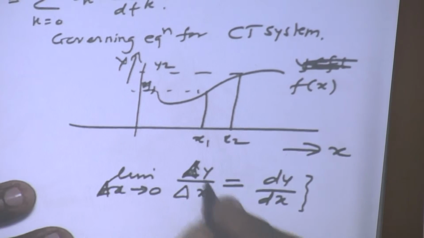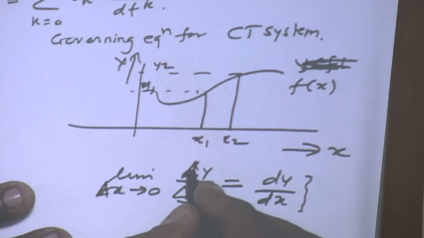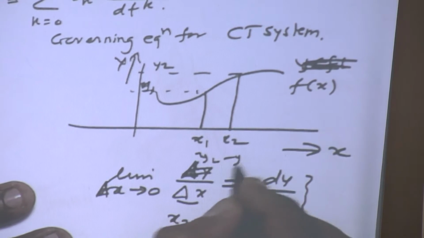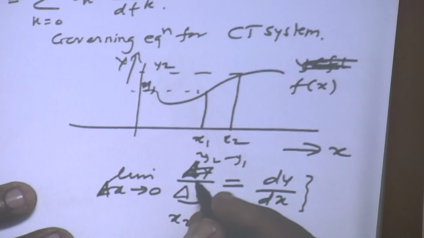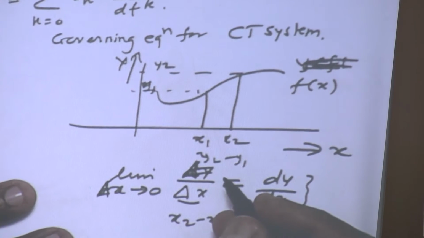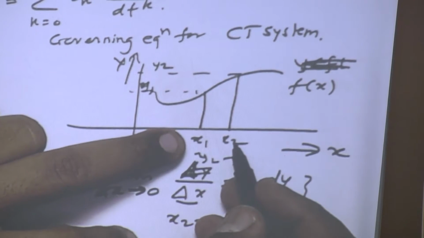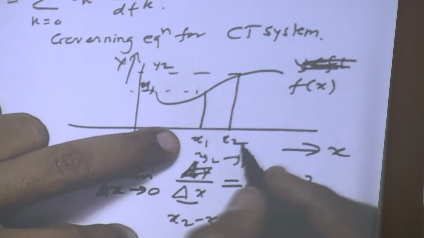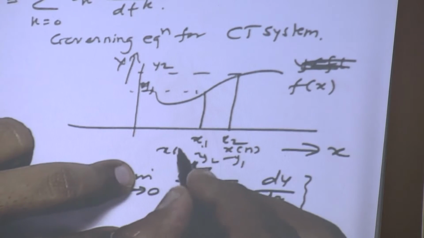This is a continuous function, this is a discrete function. What is delta x? It is x2 minus x1. What is this? It is y2 minus y1. Alright. So in general, it is basically the next value minus the previous value. If I treat this as x of n, what will this be? X of n minus 1.